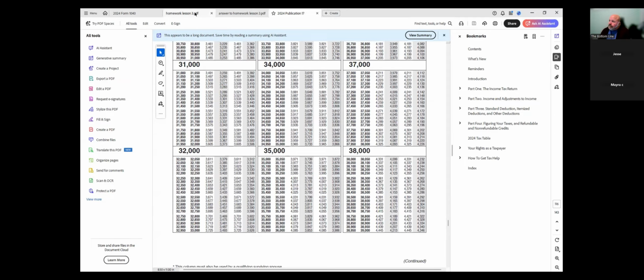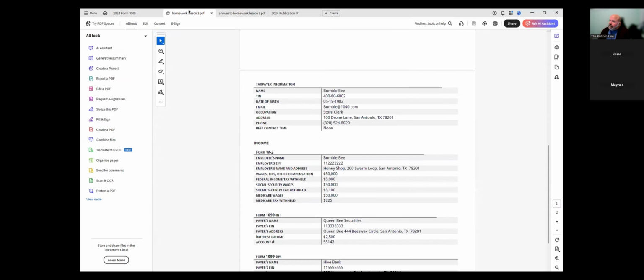Is the software TurboTax-esque, or is it more tailored? It's commercial software for accountants. It's similar to TurboTax, but TurboTax just asks you questions. Here, you have to kind of know where to go with things.